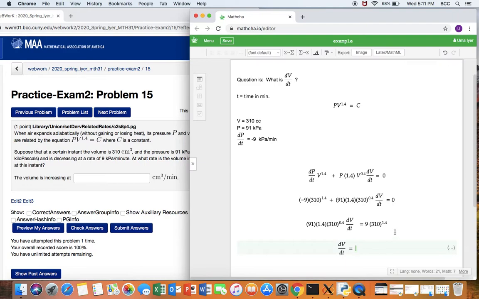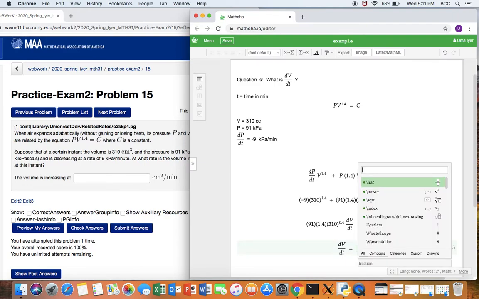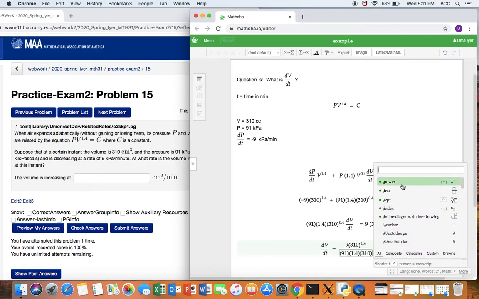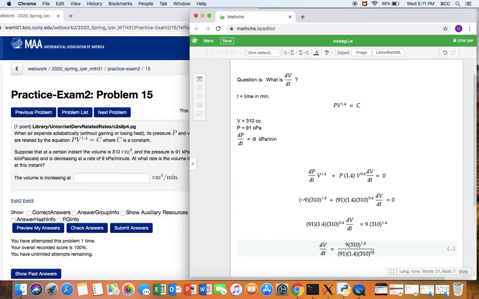All right. So let's see, that's a big fraction. On the top is 9 times 310 power 1.4. On the bottom, I have 91 times 1.4 times 310 power 0.4.